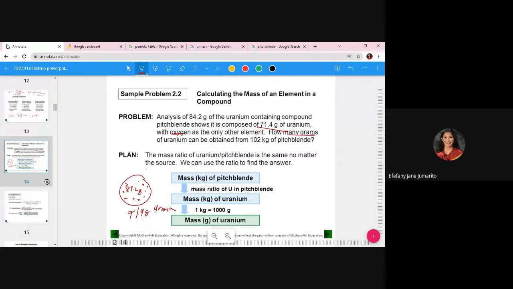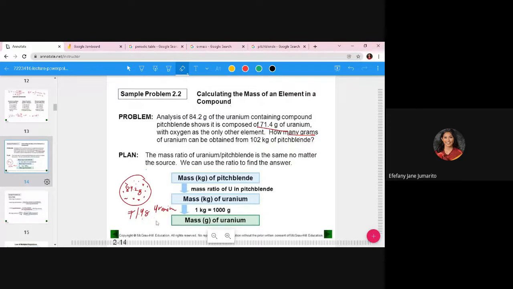If we have 84.2, pila? 13? Okay, 13. In every 84.2 grams sa pitch blend, 71.4 grams uranium.